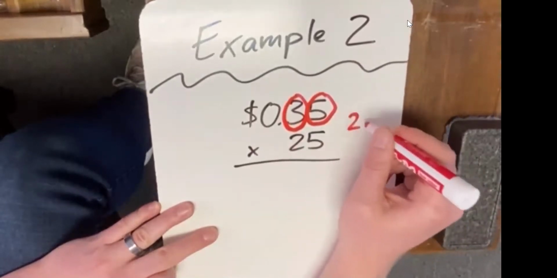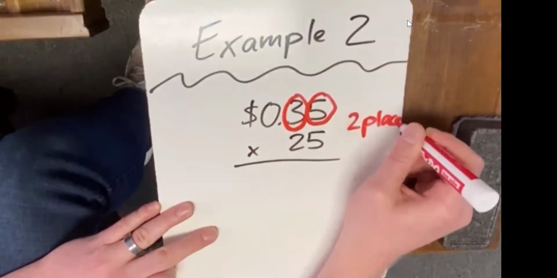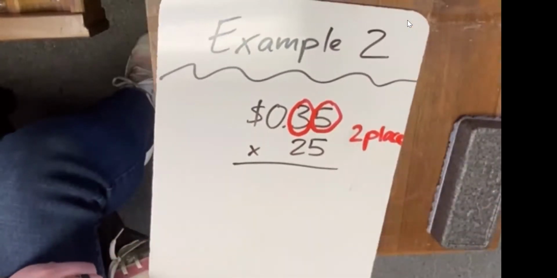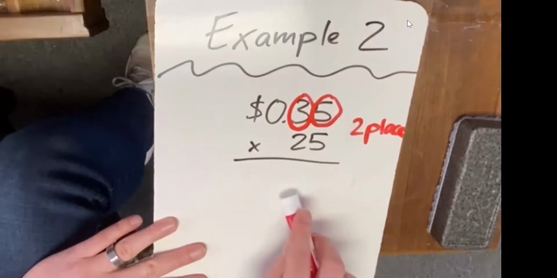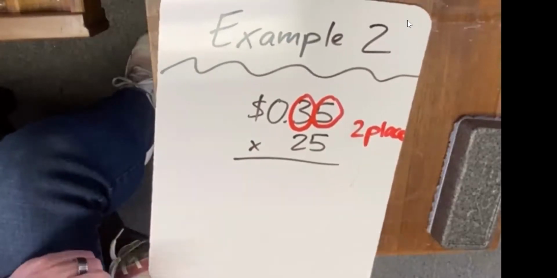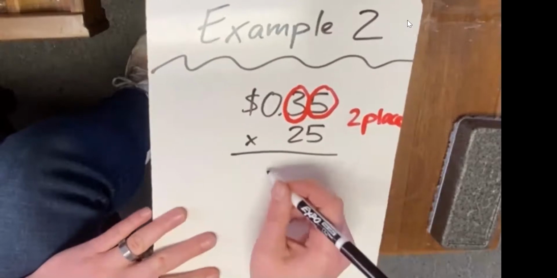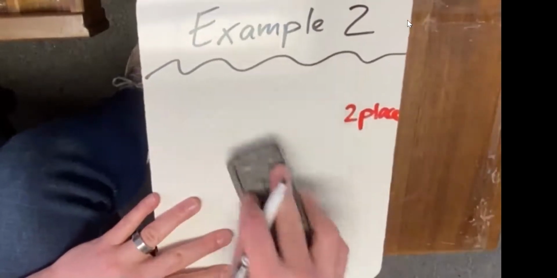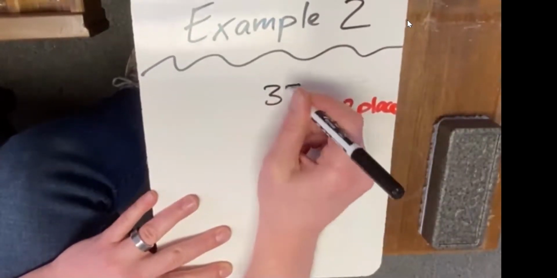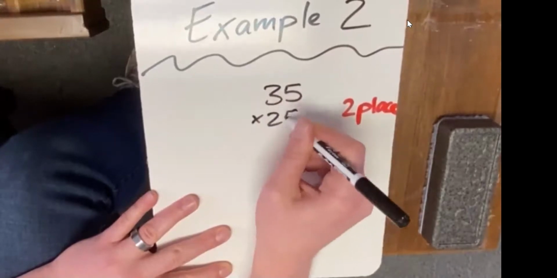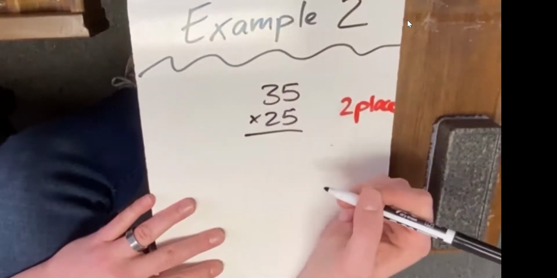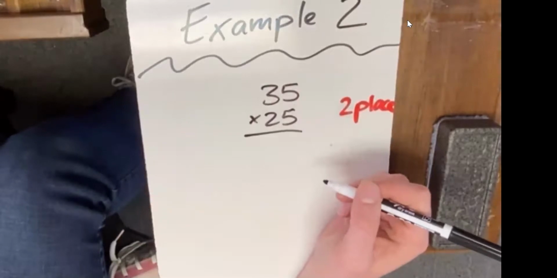So I'm going to write 2 places. That means at the end, I'm going to have to move my decimal 2 times. So now all I have to do is take 35 times 25.